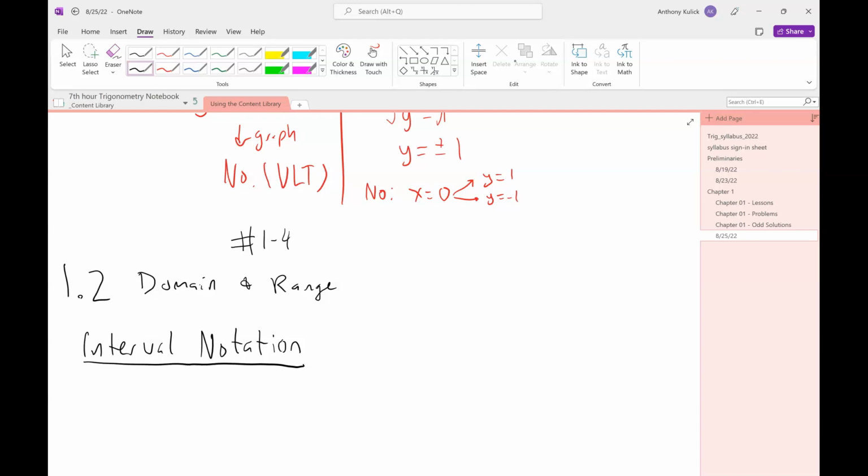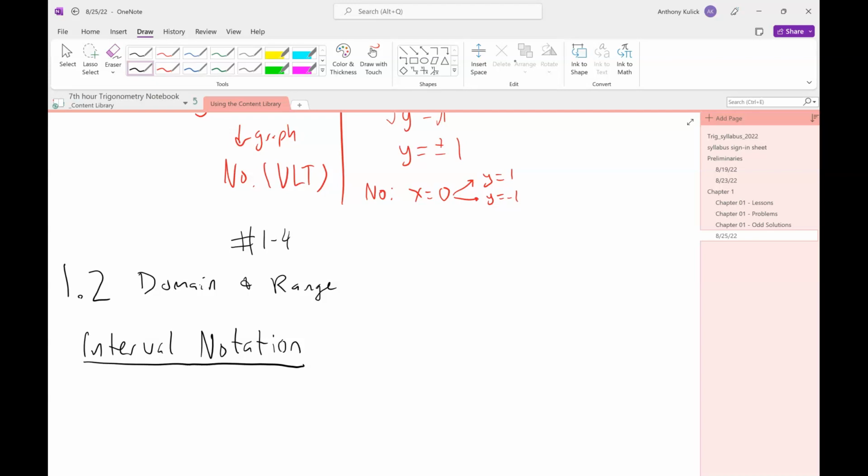What is interval notation describing? What did you use it to do last year in Algebra 2? You used it to describe your domains and ranges.